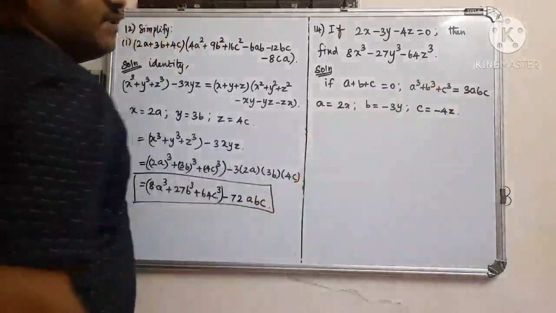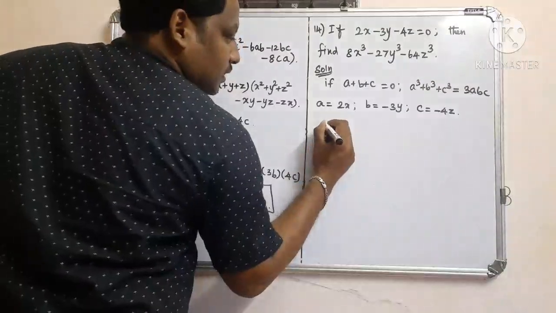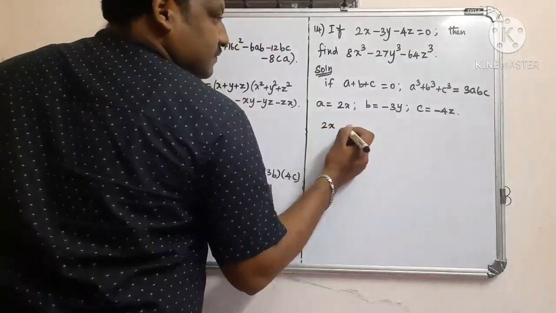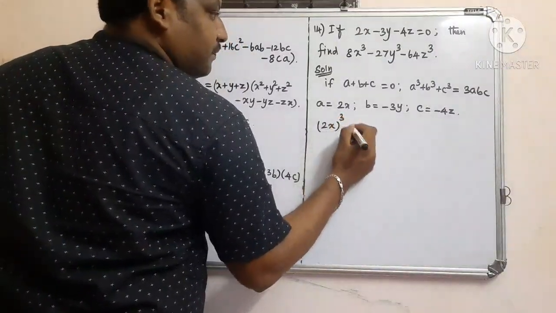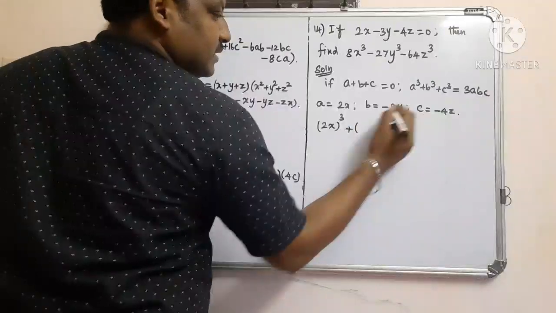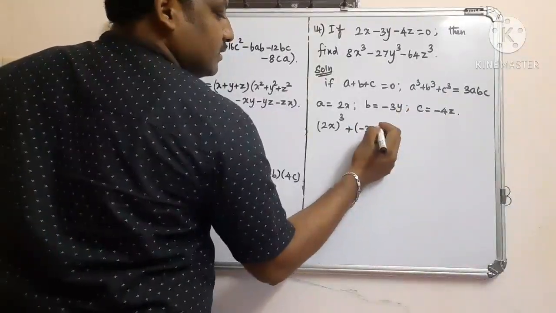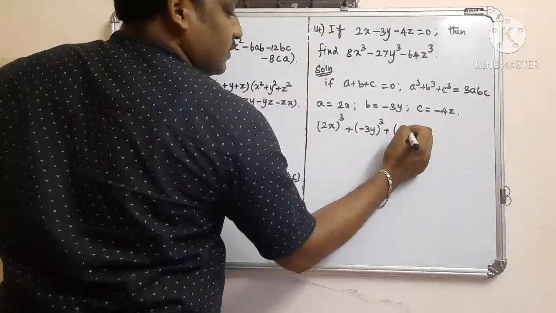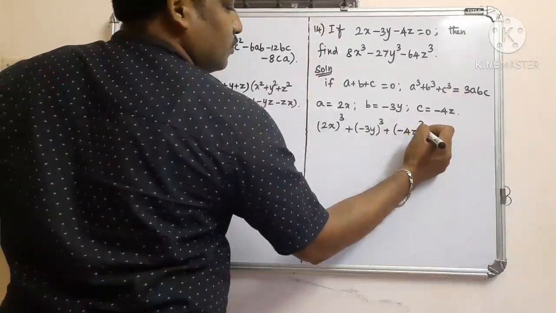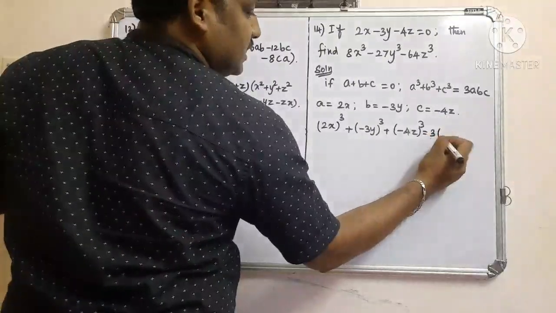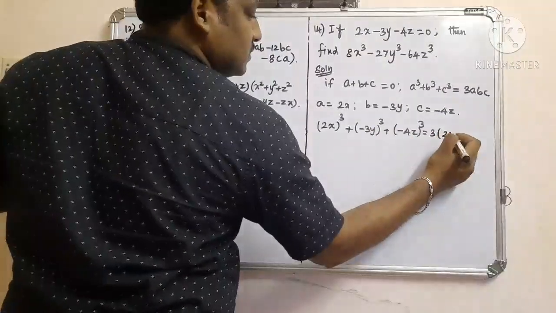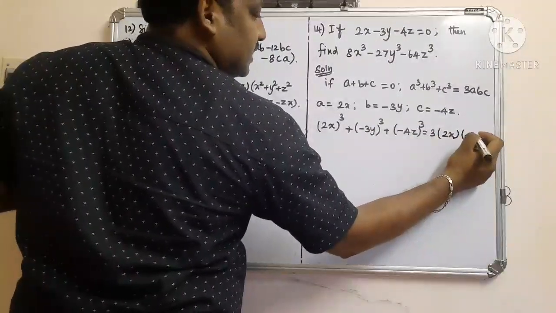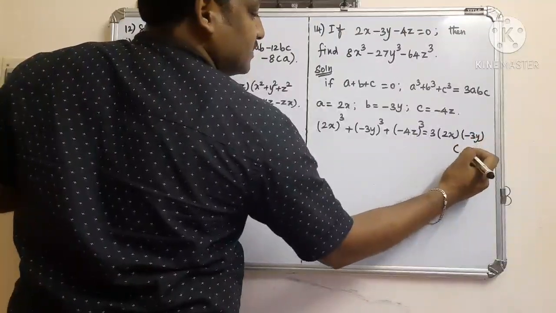So substitute in this formula: 2x the whole cube plus minus 3y whole cube plus minus 4z whole cube is equal to 3 into a is 2x, b is minus 3y, c is minus 4z.